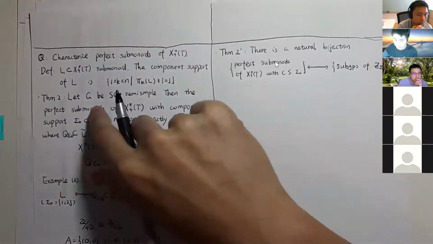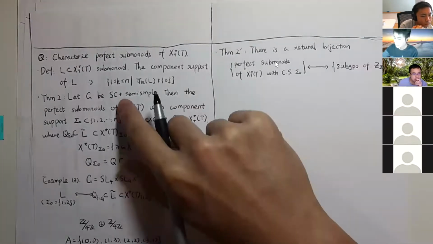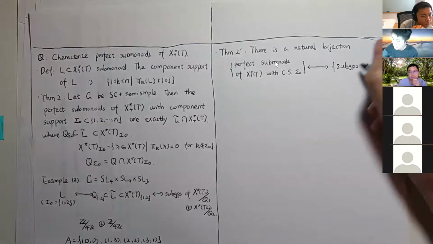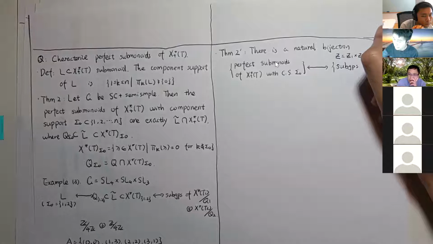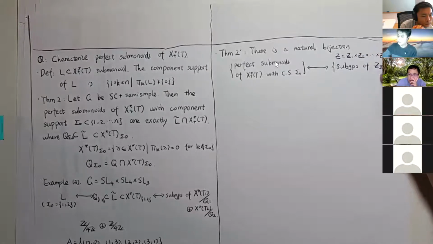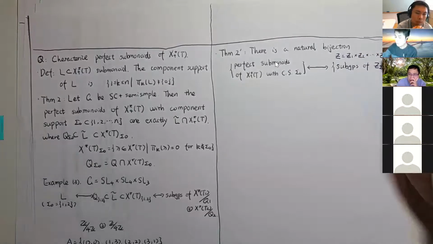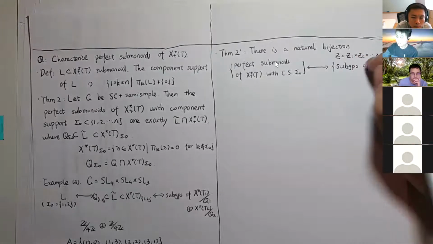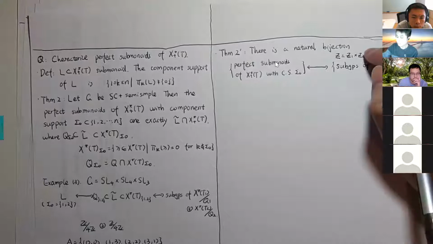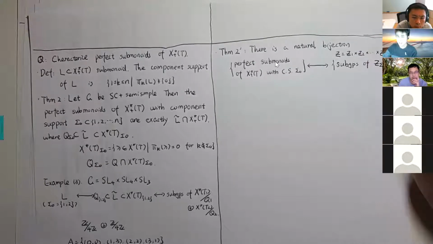Because in this simply connected semi-simple case, we can write that Z as the product Z1, Z2 till Zn, right? So for those k in sigma 0, we still take those zk, and for those k not in sigma 0, we force that position to be the identity.